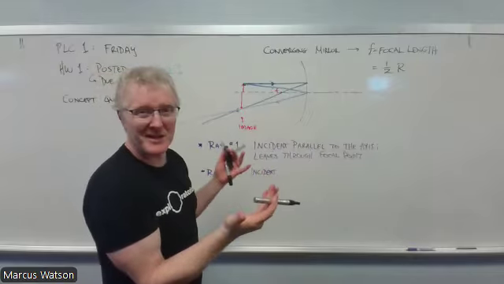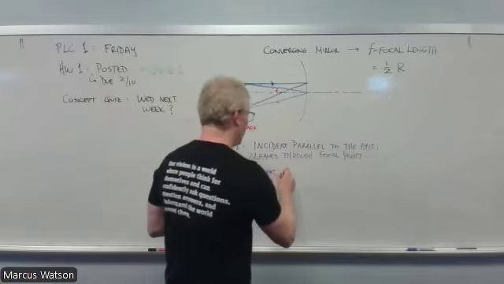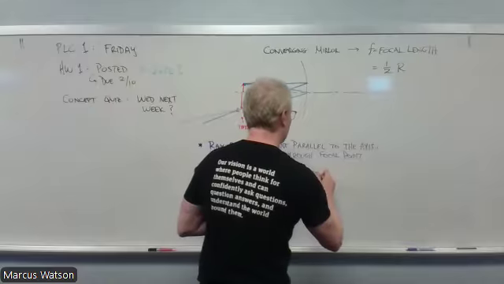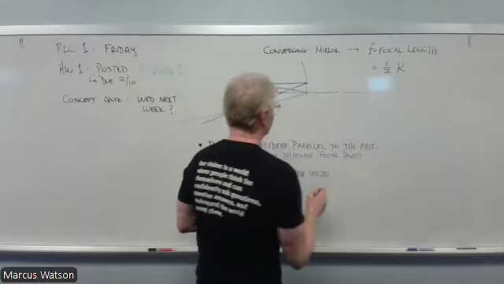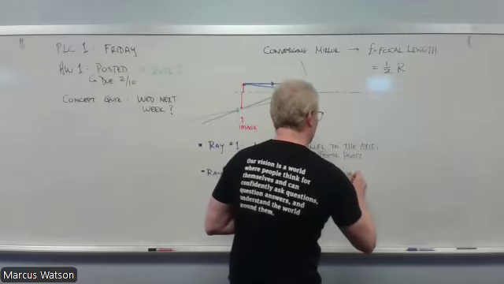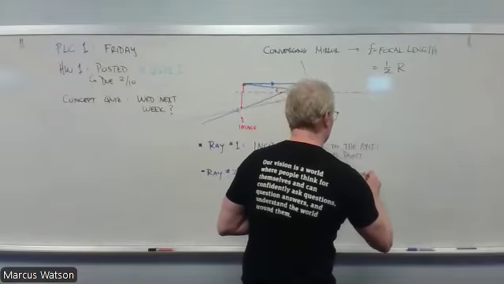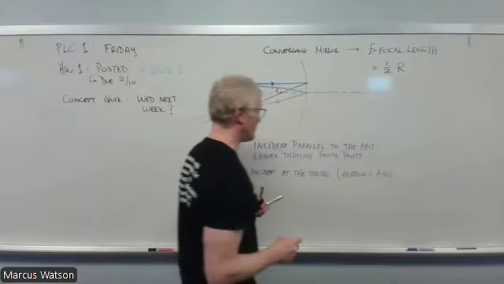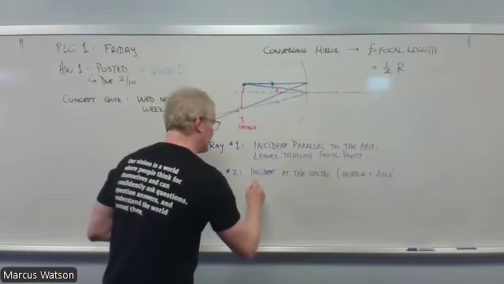Maybe I'll call that the vertex point. Can I do that? Incident at the vertex point. It's the crossing of the mirror plus the axis, and it leaves at that same angle.